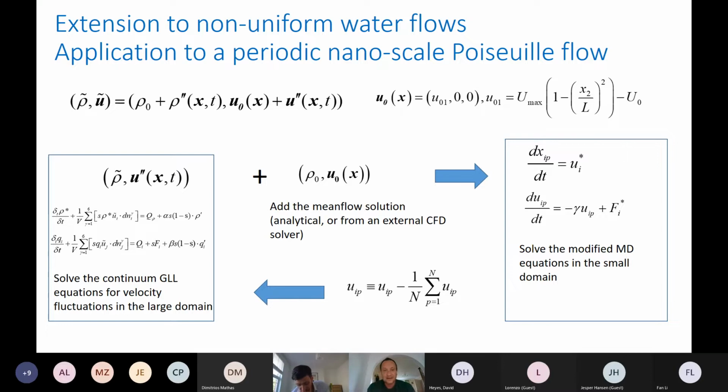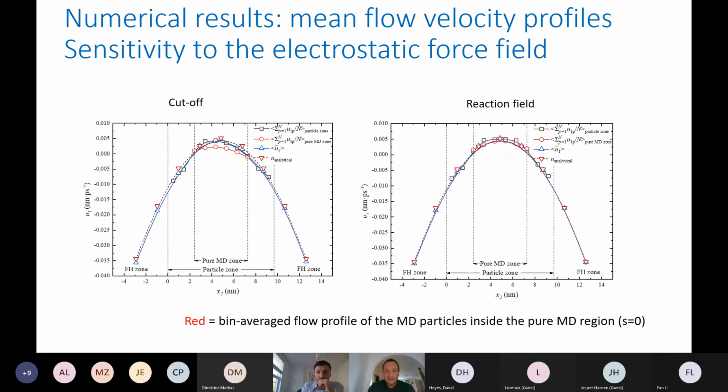So what we've done there to calculate the Poiseuille flow, we've separated our solution into the time average mean plus the fluctuation, and then we solve the fluctuating hydrodynamics equations for the fluctuation only. And then, of course, we needed to organize the information transfer from the continuum generalized Landau-Lifshitz equations to the molecular dynamics and then back.